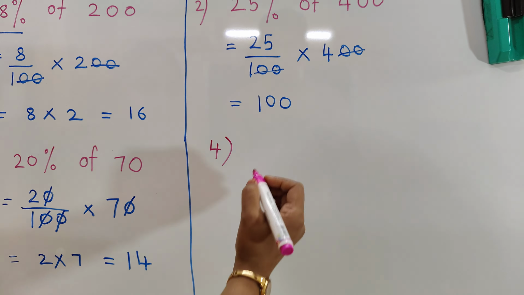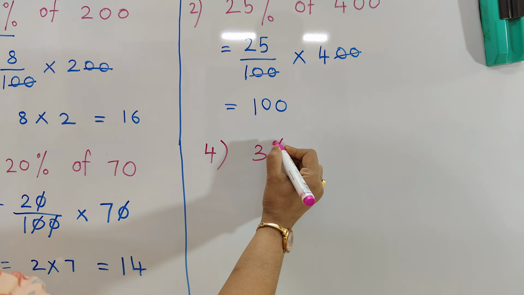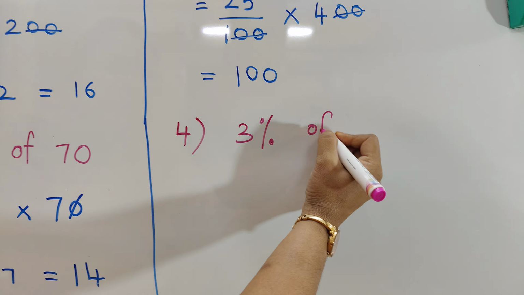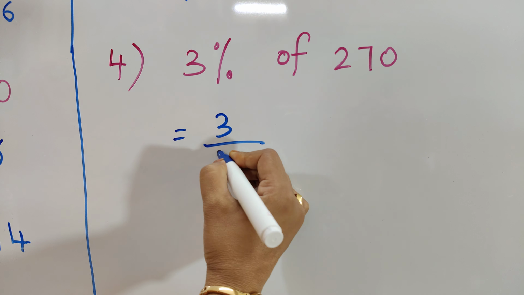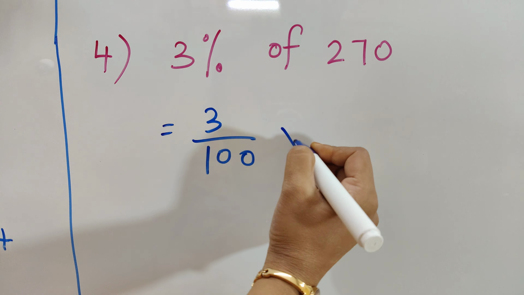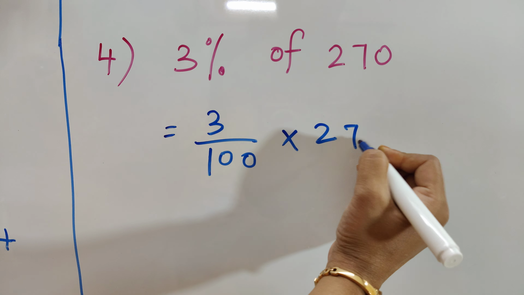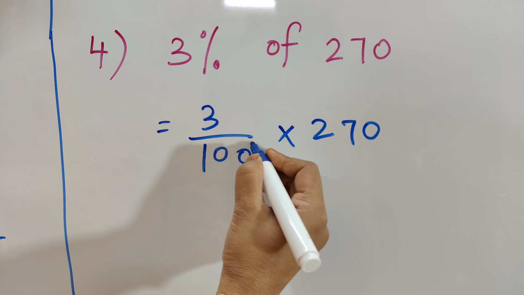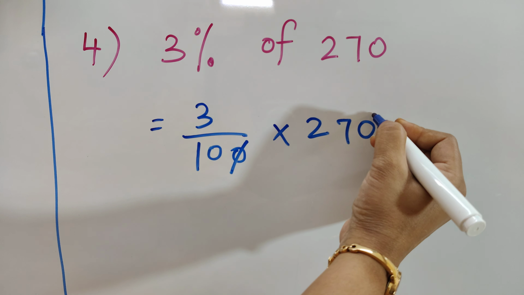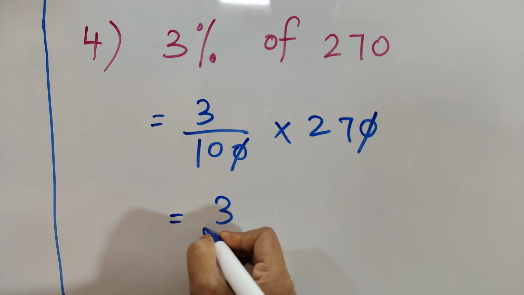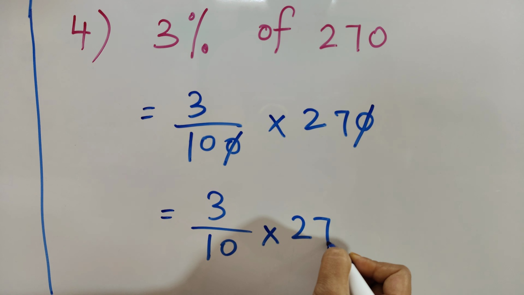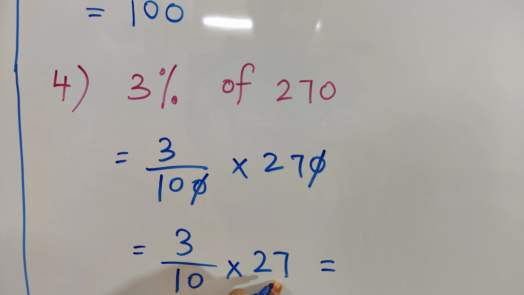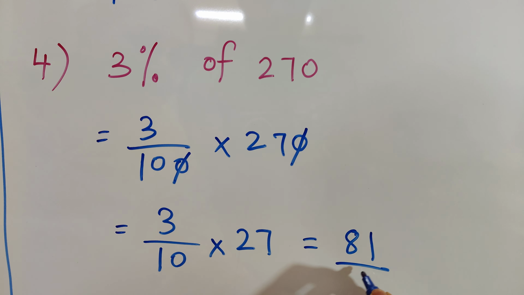Example number 4, 3% of 270. 3% is equal to 3 by 100 of multiply 270 will remain as it is. We will cancel out 0 from down and from up 1. 3 by 10 times 27. 3 times 27 is equal to how much? 81 by 10.